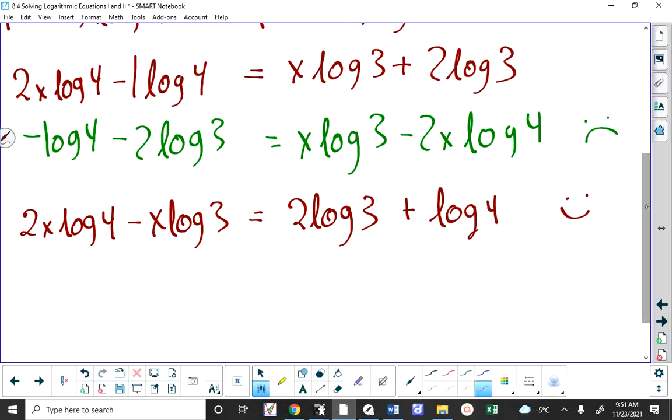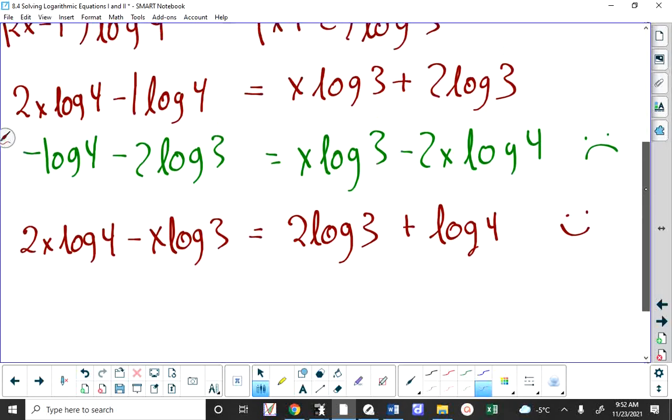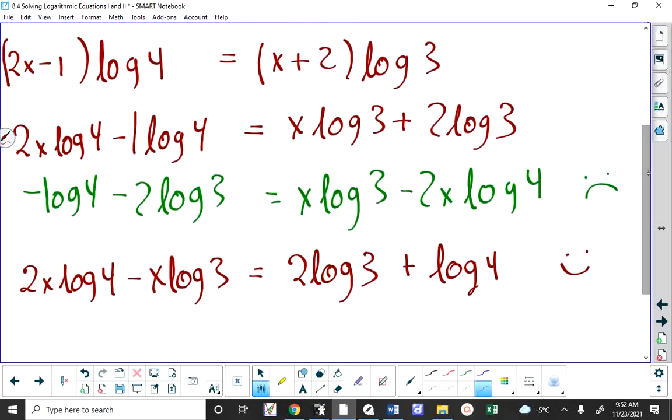It wouldn't be wrong if you did what I wrote in green. Let's just double check to make sure I've transposed everything correctly. I think it looks okay. We in agreement? Okay.